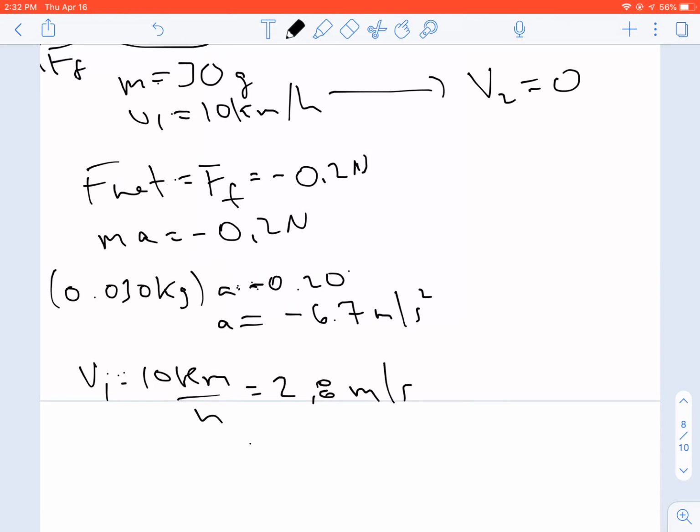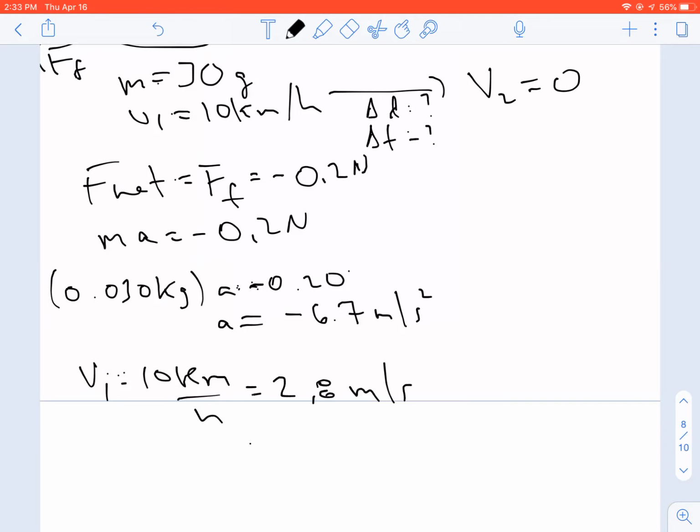So I'm going to take my 10 times 1,000 divided by 3,600 to come up with a V1 of 2.8 meters per second. Now the question is saying, how far does the puck move before it stops? And how long does it take to stop?